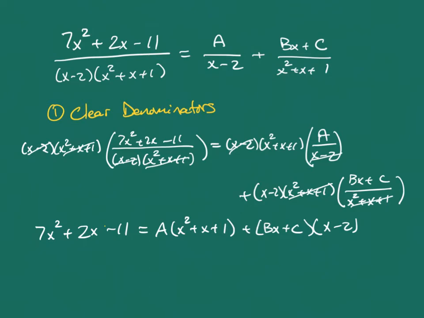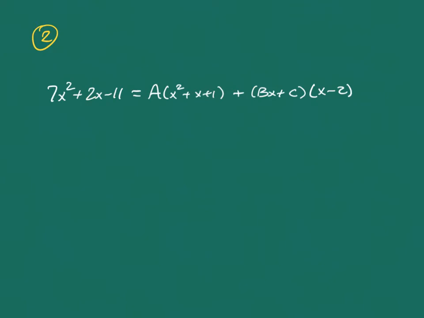Our next step is to multiply everything out. So for our second step, we will expand our polynomial. So now we need to expand and group powers of x. So if we do that, let's see what happens.